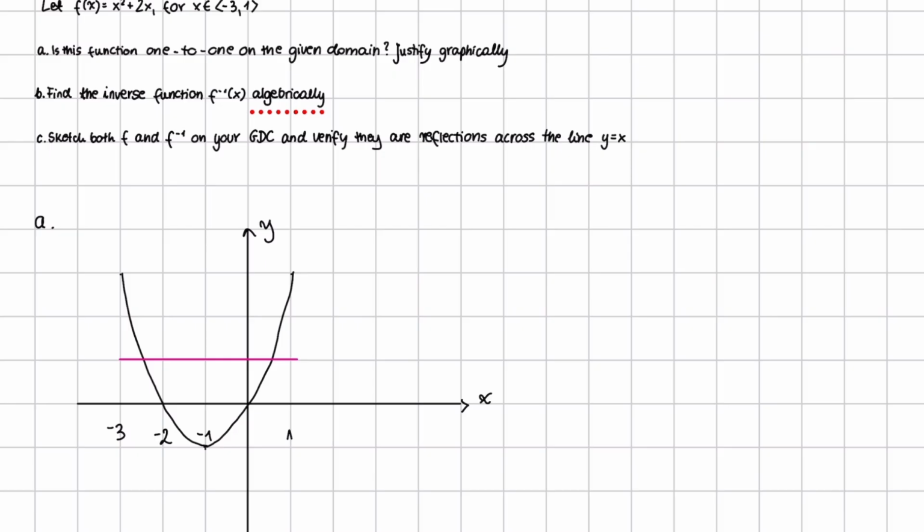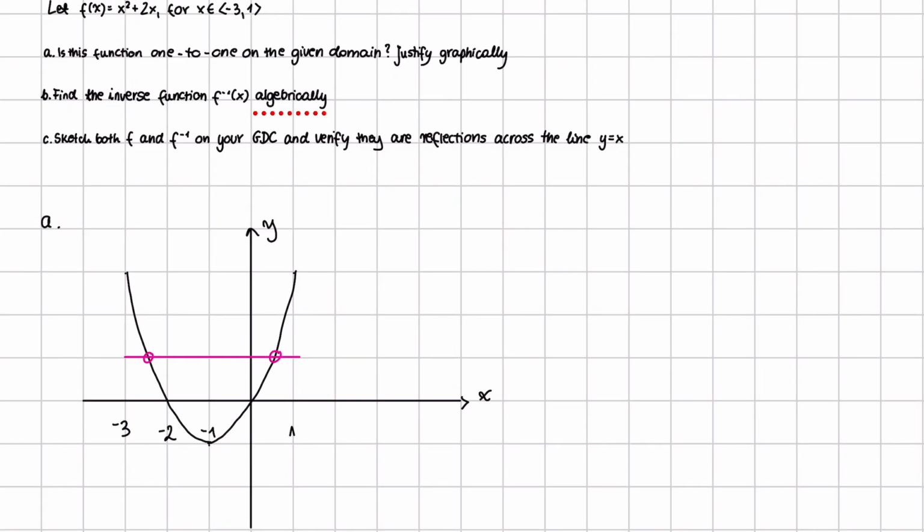And if we have more than one point of intersection of our function with this straight line, it means that our function is not one-to-one. If we have only one, our function then is one-to-one.